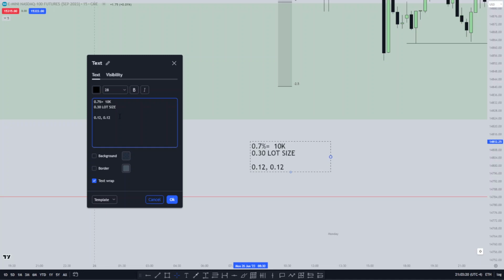Yes, that's good. 0.12, 0.12. And then the last entry would be 0.06.